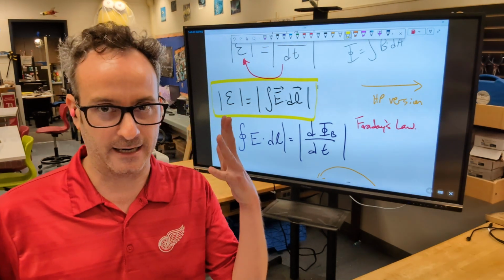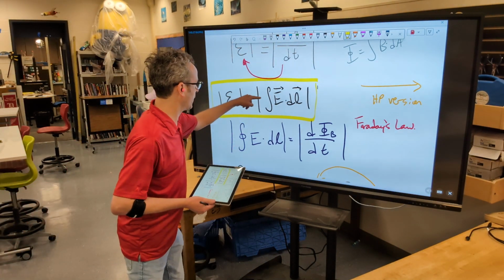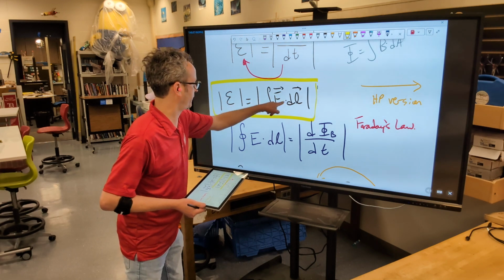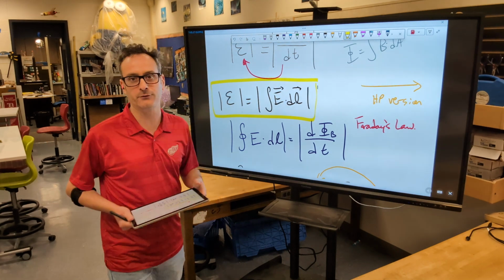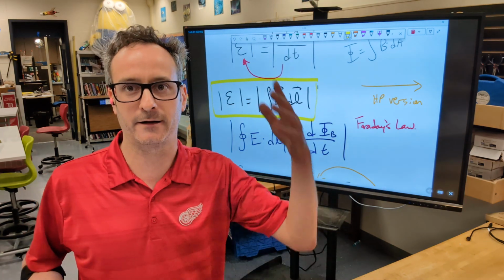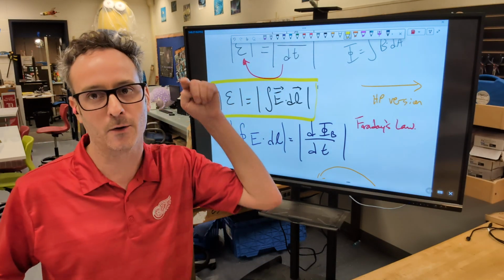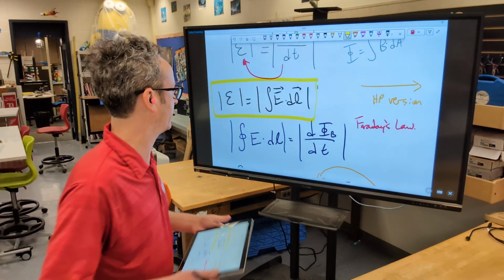So if you go a certain distance along an electric field, that'll produce a voltage. Essentially, you can go down in voltage or you can go up in voltage, and that means you're going to go with the electric field or against the electric field.